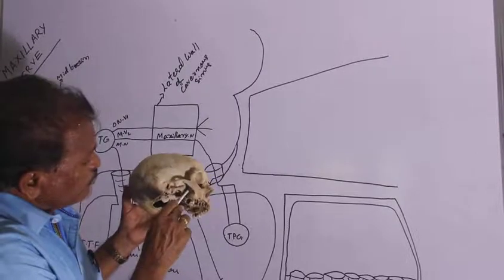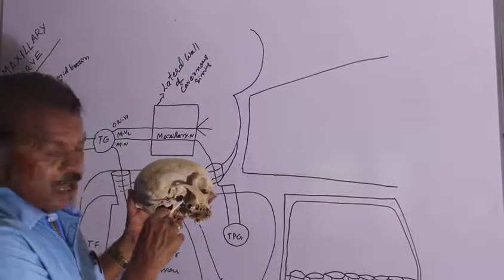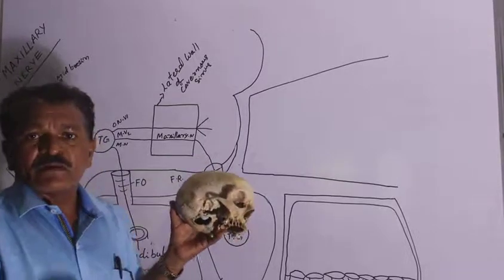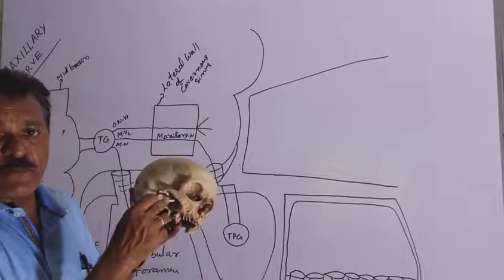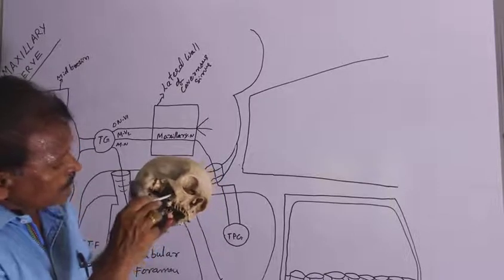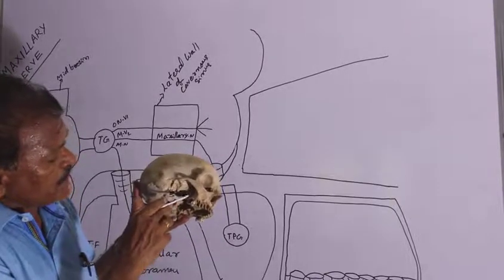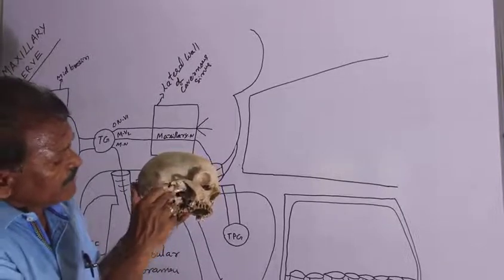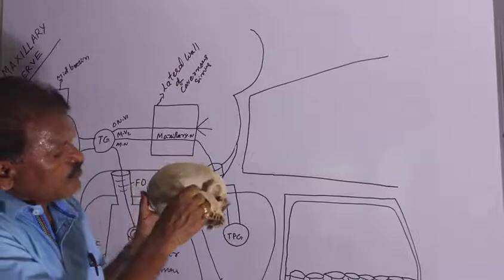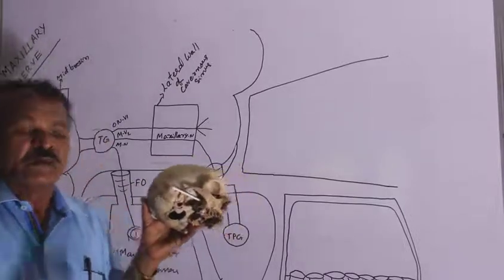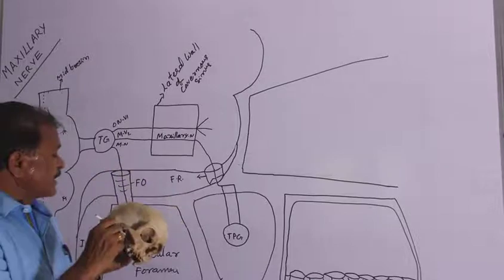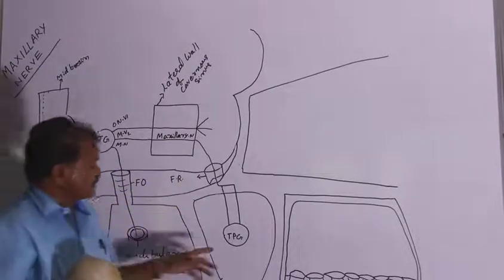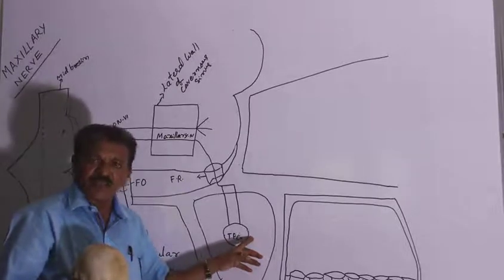In between, posterior to the maxilla and anterior to the root of the pterygoid process, and superiorly the posterior surface of the superior part of the maxilla, this space is called the pterygopalatine fossa. In the pterygopalatine fossa there is the pterygopalatine ganglion.